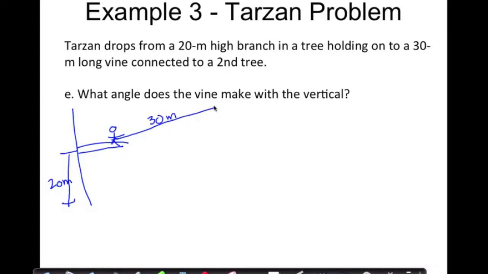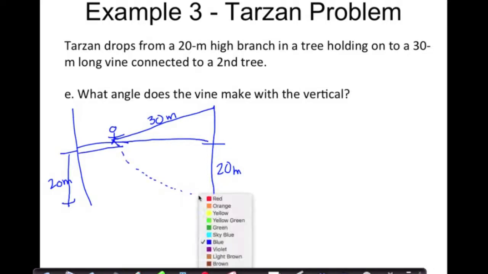If we draw this, we can see that this is 20 meters up. If the vine is 30 meters long, when he holds onto the vine and falls down, we can see that this is also a total height of 30. So 30 minus 20 gives us 10 meters here, and this is a right angle.